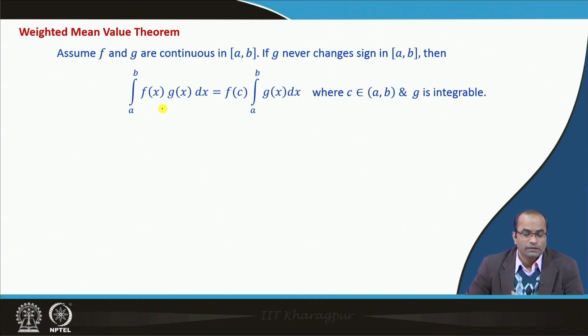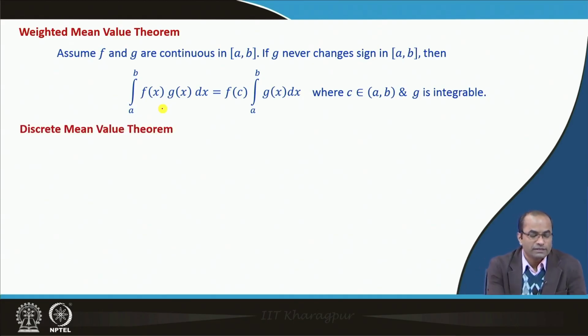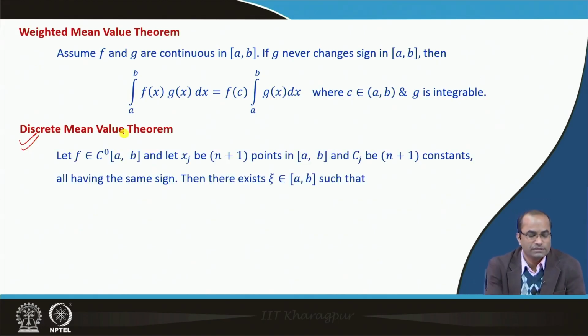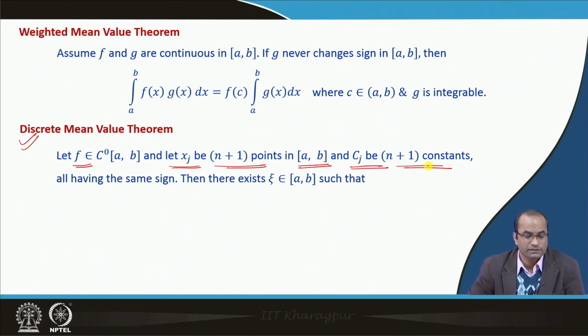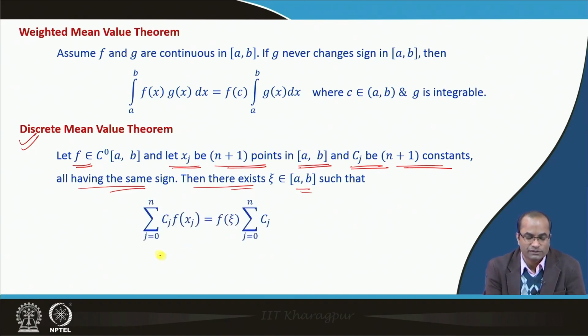The second result we need there is the discrete mean value theorem, which says that if f is a continuous function and let these x j's be n plus 1 points in this interval a b, and there are c j, n plus 1 constants all having the same sign, then there exists a xi in this interval a b such that we have this result.